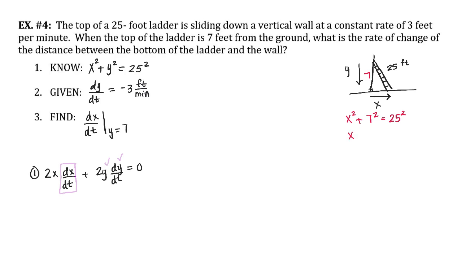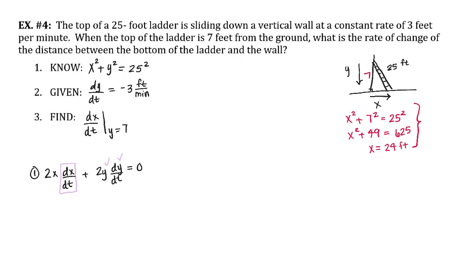So you have x squared plus 49 equals 625, and solving this, subtracting 49, taking the square root, x is going to be 24 feet. Again, knowing your Pythagorean triples will save you some time because you don't necessarily have to show this work. So knowing that other value will be of good use for sure.